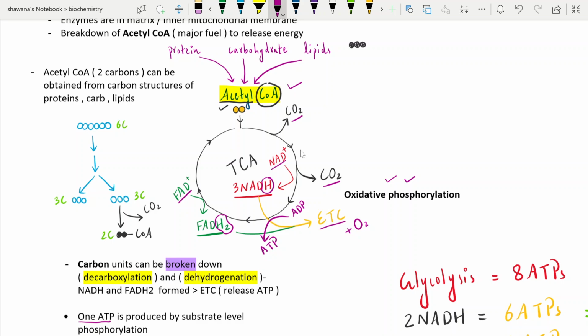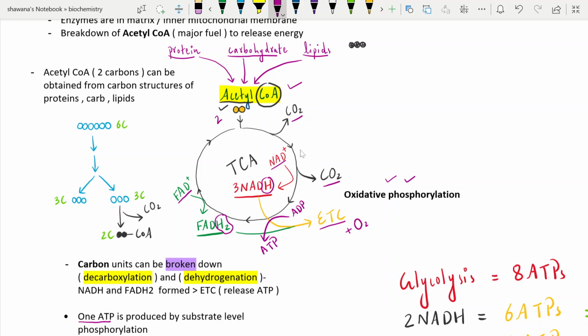We obtain acetyl CoA from proteins, carbs, and lipids, because these three all have carbon structures in them, right? Glucose has a six carbon structure, protein has amino acids which have carbon, and lipid also has a carbon structure. So they are broken down until they are reduced to two carbons.